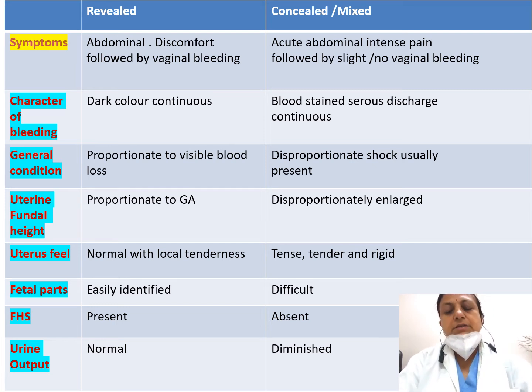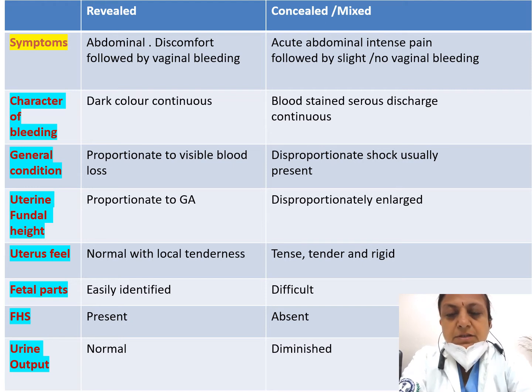Now let us try to identify by symptoms the differentiation between the revealed and the concealed or the mixed variety. In symptoms, number one is abdominal discomfort followed by vaginal bleeding. So in revealed bleeding, there is discomfort as well as visible bleeding from the vagina.